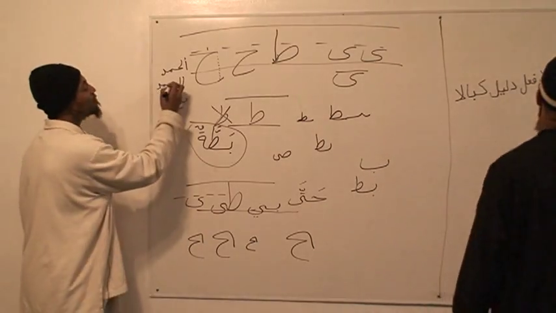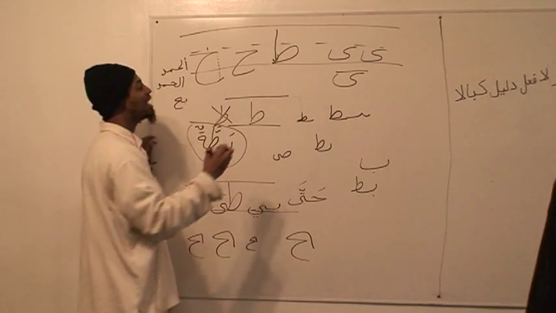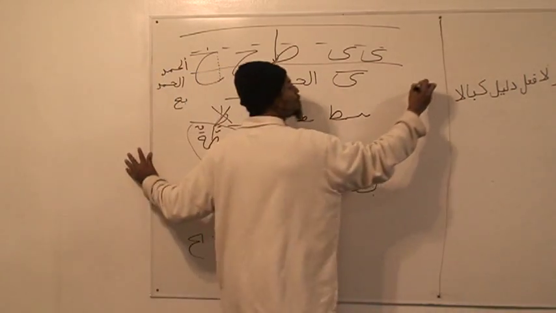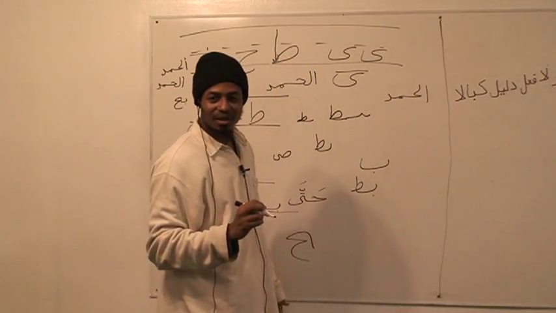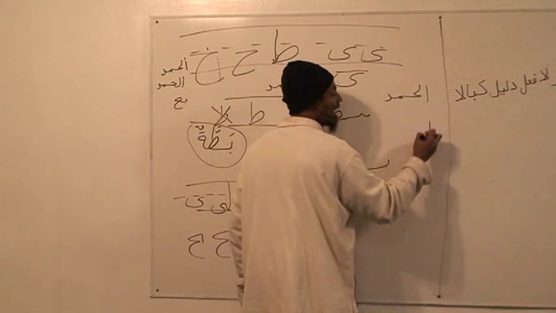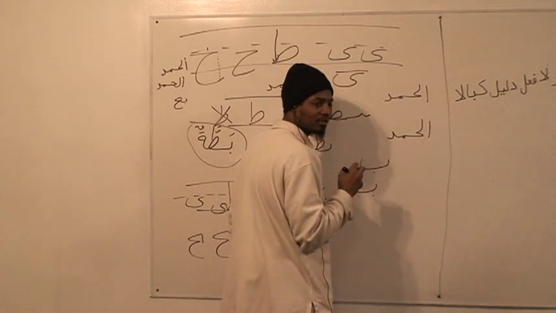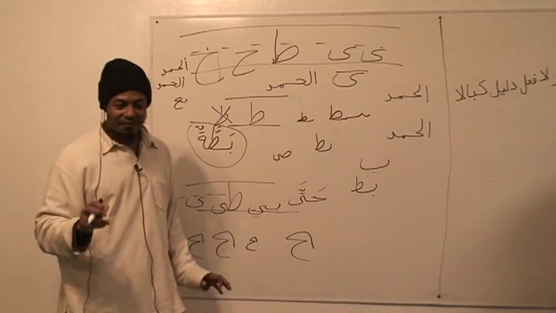Because I had to lift up my pen and write this. That is not the way we write. We don't write like this. Rather, we write like this. Did you see me? I didn't lift my pen. Alif, lam, ha, mim, dal. When you're writing. Is everybody following me?